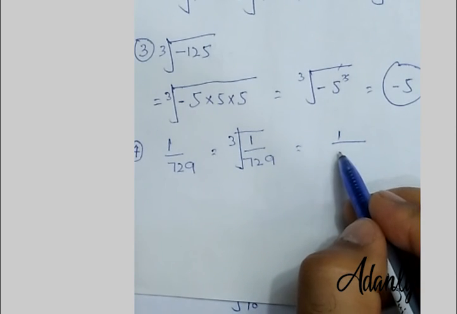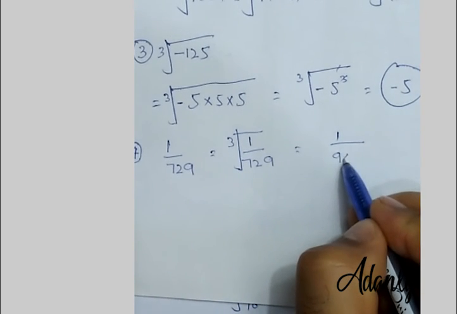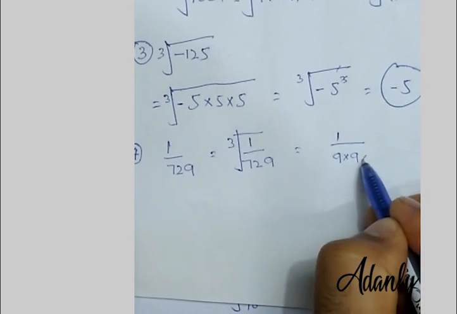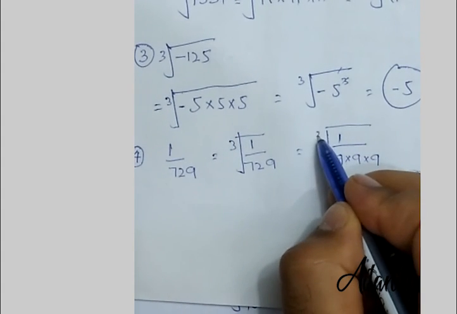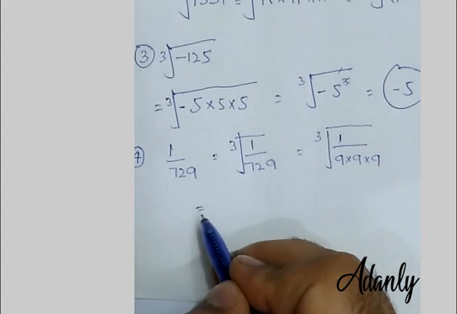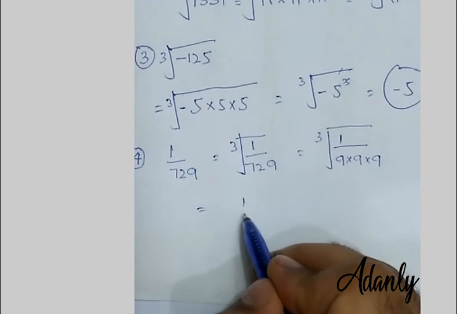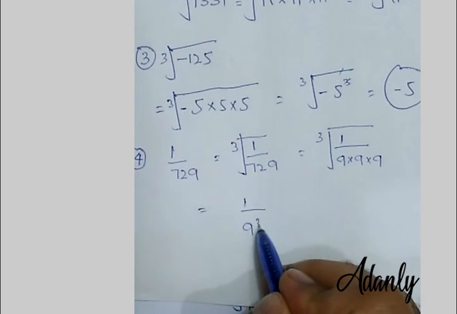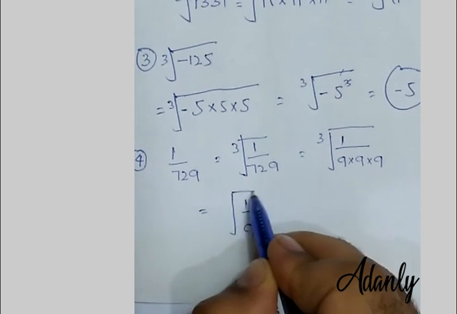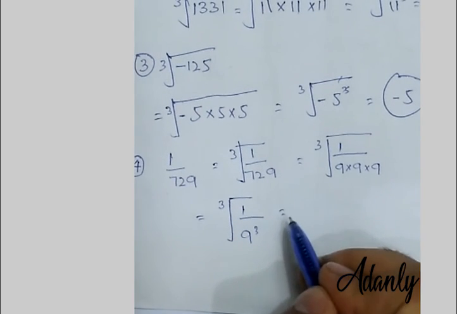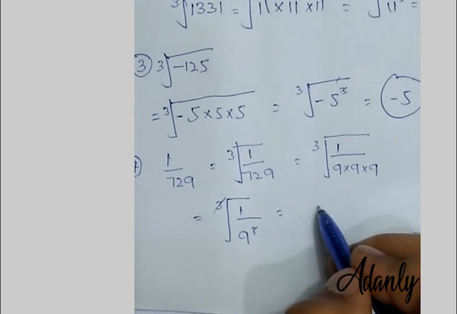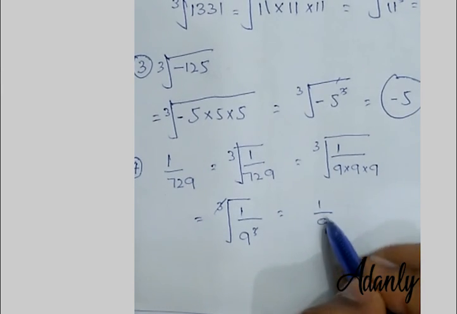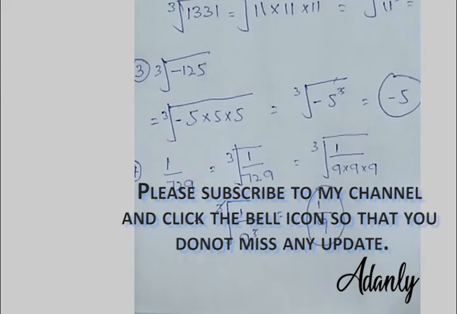So if we multiply 9 3 times, it will give us 729. So write under the cube root. Now we write it like this: 1 divided by 9 cubed under the cube root. We can cancel both of these, so we will write it as 1 divided by 9, which is the required cube root of the given fraction, 1 divided by 729.